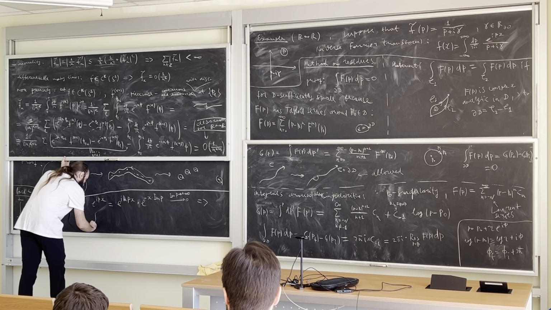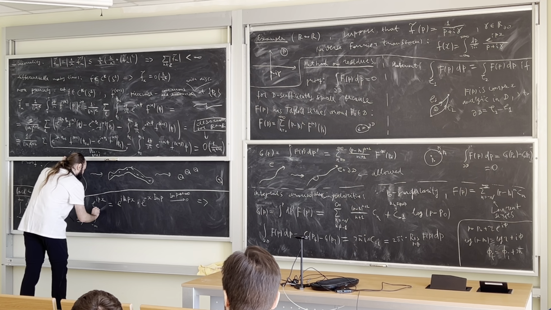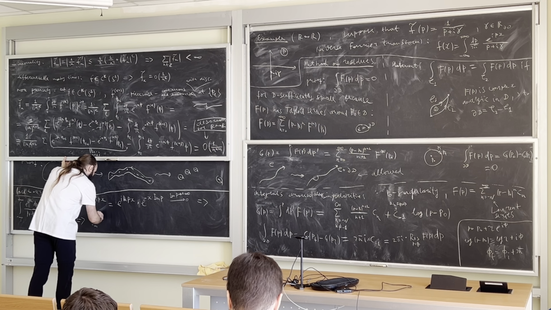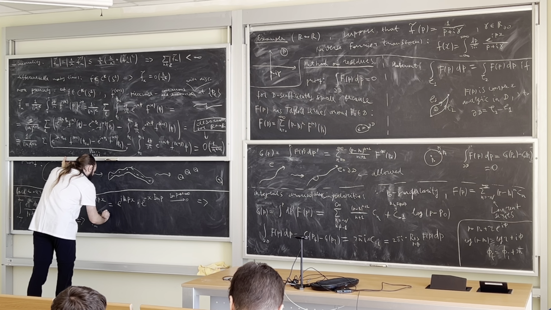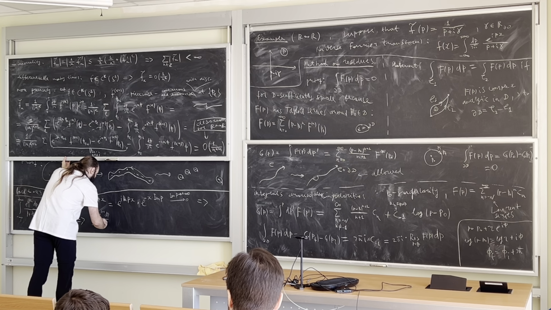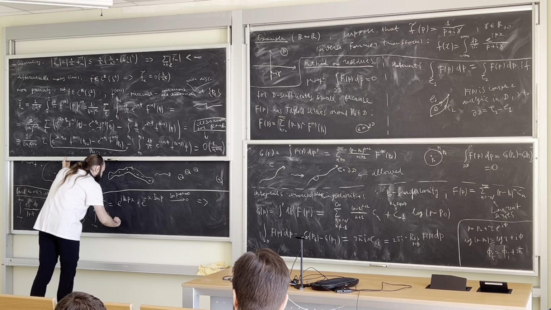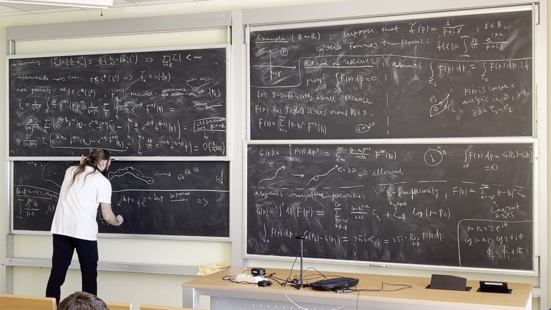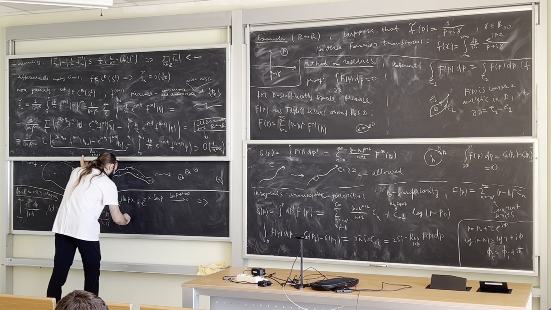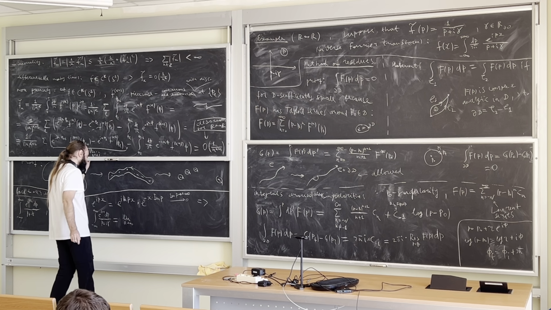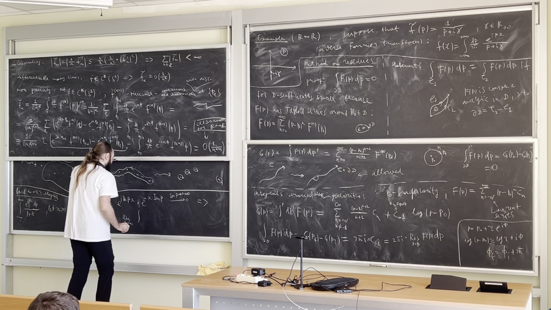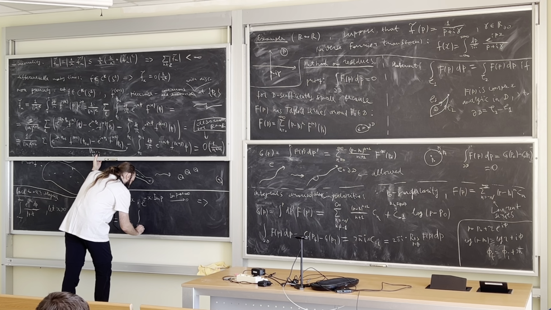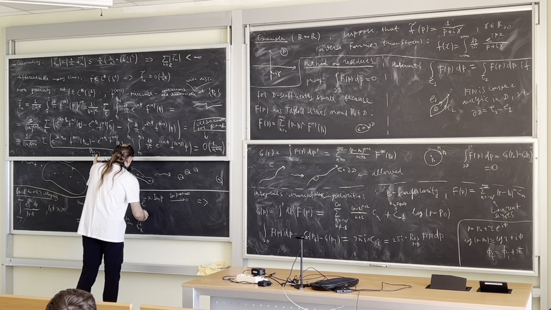So this integral from minus infinity to plus infinity of e to the i p x, p over p plus i gamma, can be computed as a limit for R going to infinity of the integral over the contour C plus R of the same function.